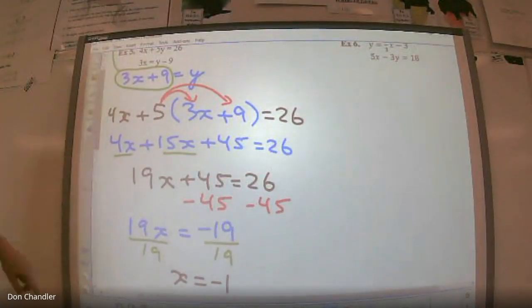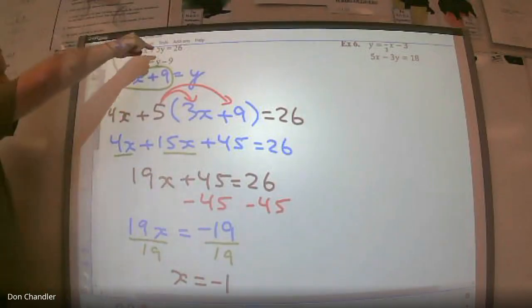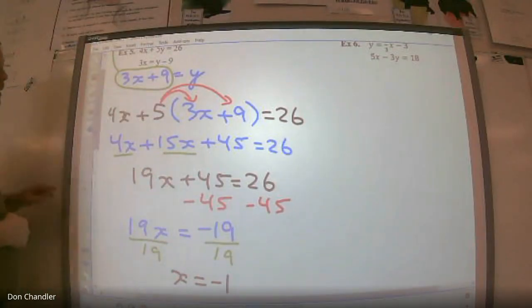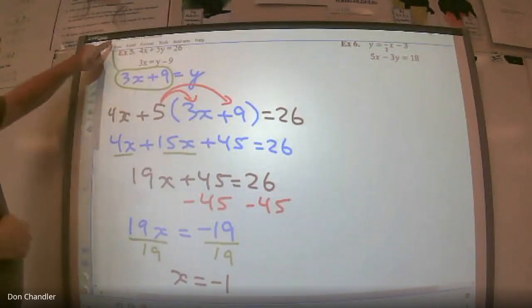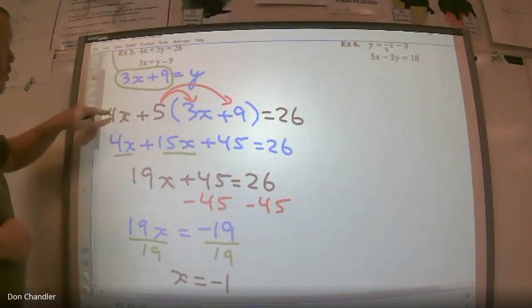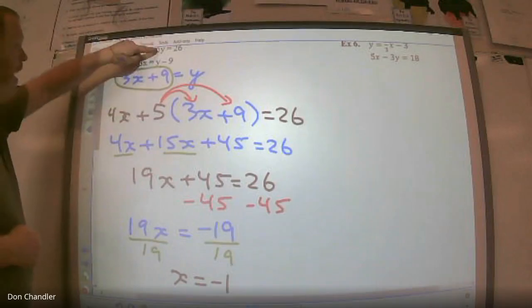Put that back, and I'm going to give you a second to sort of absorb what I did. I will review. I moved the 9 over in the second equation to get a y equals. I substituted in for the y in equation 1. So it was 4x black plus 5 black.